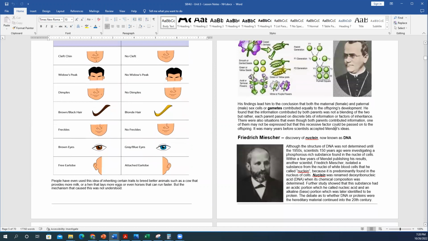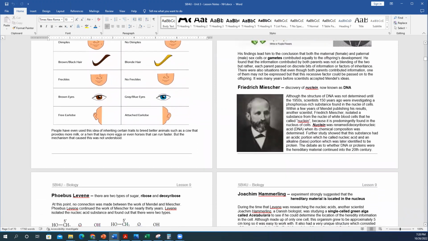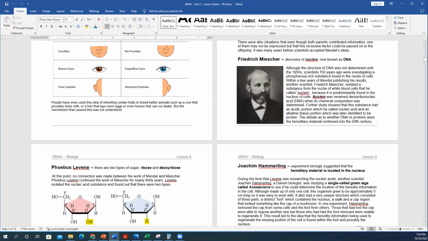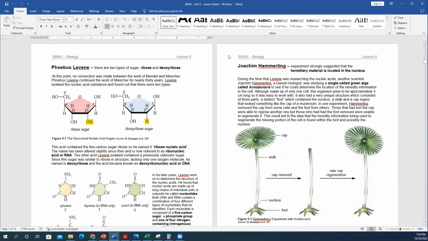And we went through and explored how the works of various scientists like Friedrich Miescher, who discovered nuclein, which later became known as DNA, and Phoebus Levene, who discovered the two types of sugar, the ribose and the deoxyribose.